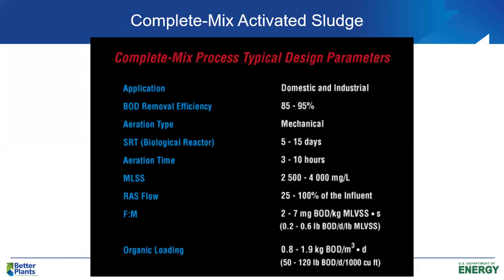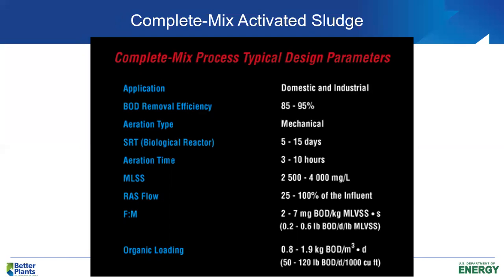See some of the design parameters. Again, most of these parameters fall within what we consider conventional activated sludge, with the exception of the last one, the organic loading. And sometimes we'll operate the complete mix activated sludge process at a fairly high organic loading rate. But we have to be careful, because with the complete mix activated sludge, we have a tendency to have short circuiting.